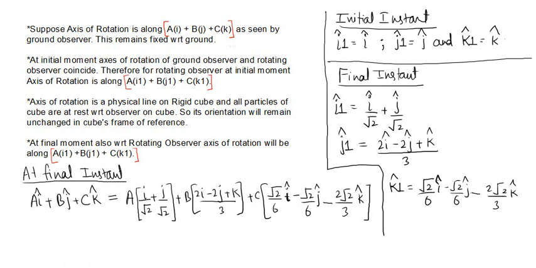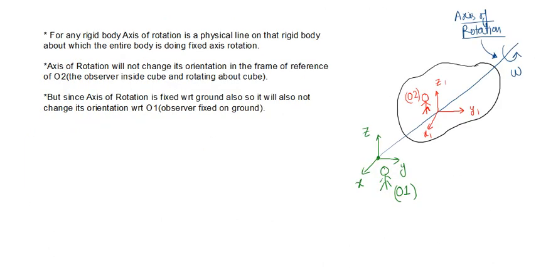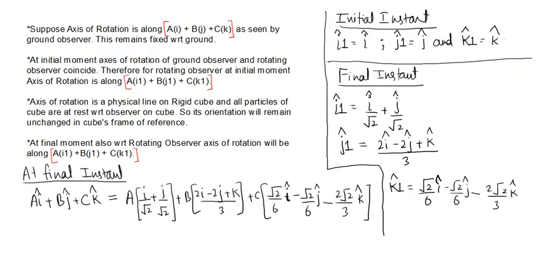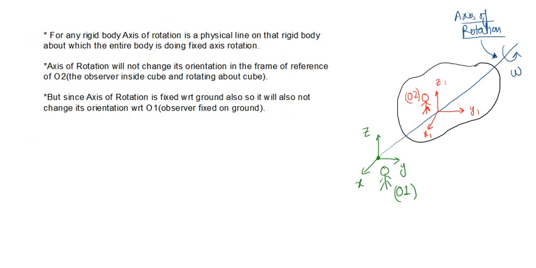Actually, it should be: at the initial moment, the coordinate axes of the ground observer and the rotating observer are coinciding with each other. Therefore, for the rotating observer at the initial moment, the axis of rotation is along this direction.